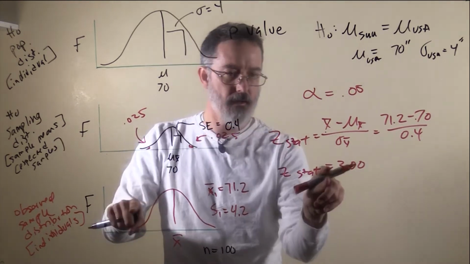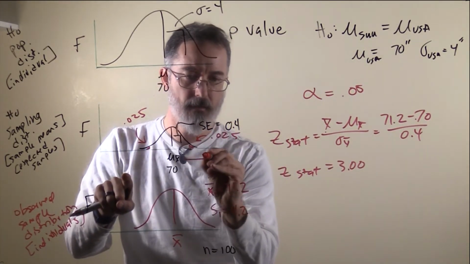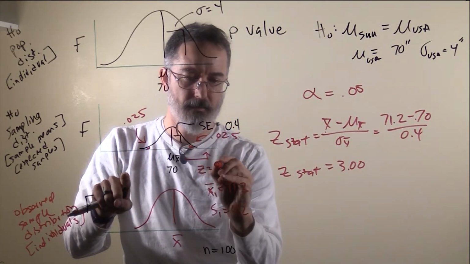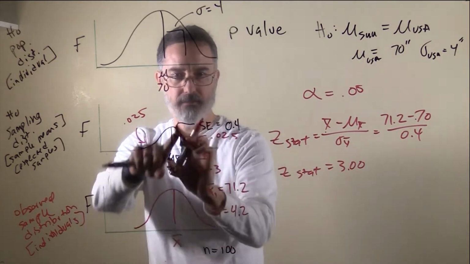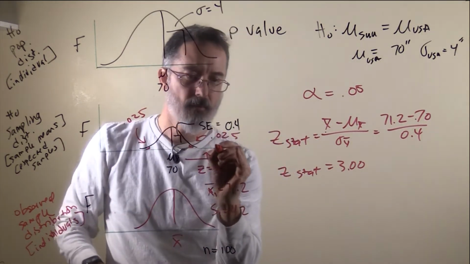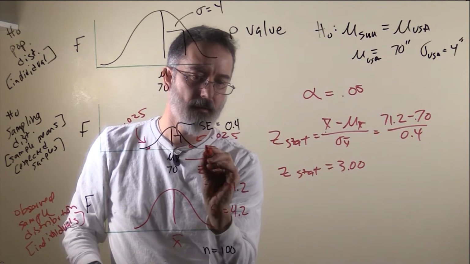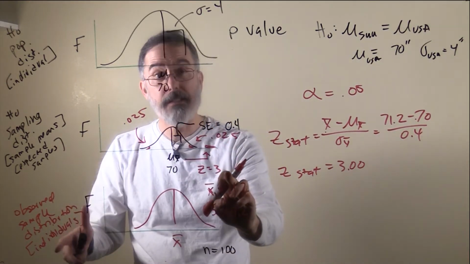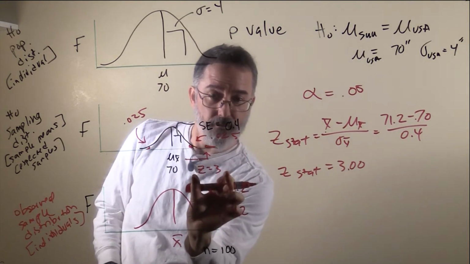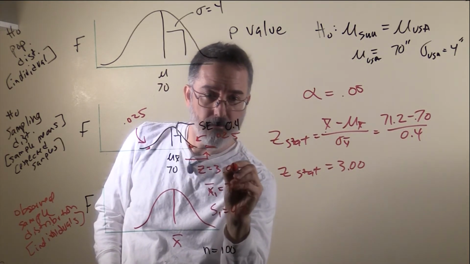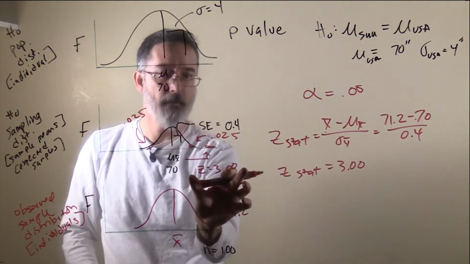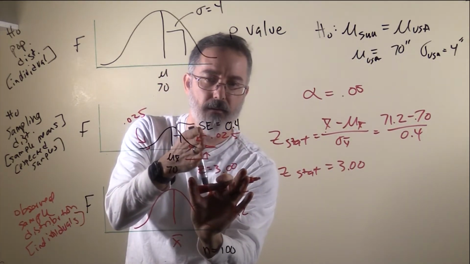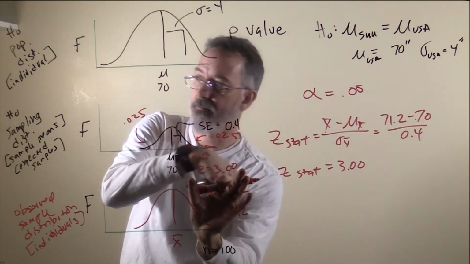So now we know we're interested in a z-score of 3, because the z-statistic is a z-score on this distribution. And what we want to know is what area of this distribution is beyond a z of 3. So you go to your z table, you find a z of 3 on there, 3.00, because that's exactly what this is. And you find out what's the area of the normal distribution beyond a z of 3.